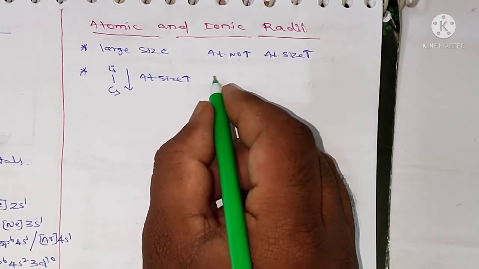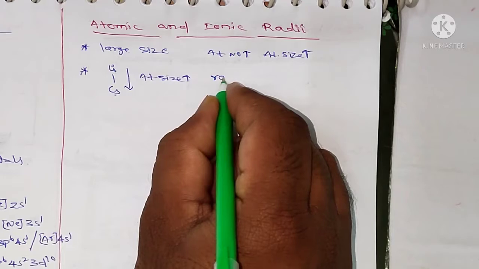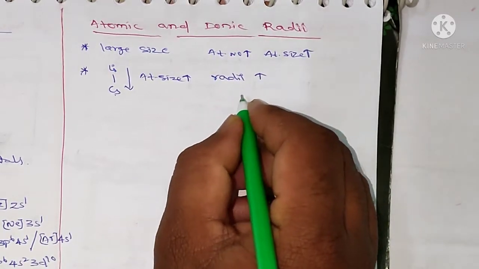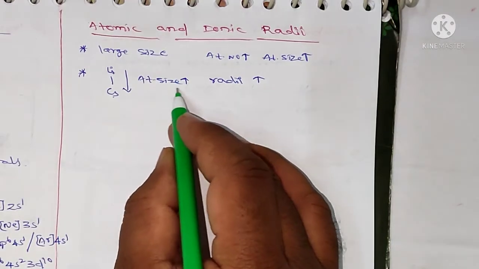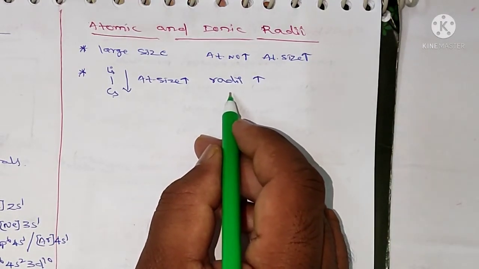Hence the radii increases. With the increasing of atomic size, radii also increases.